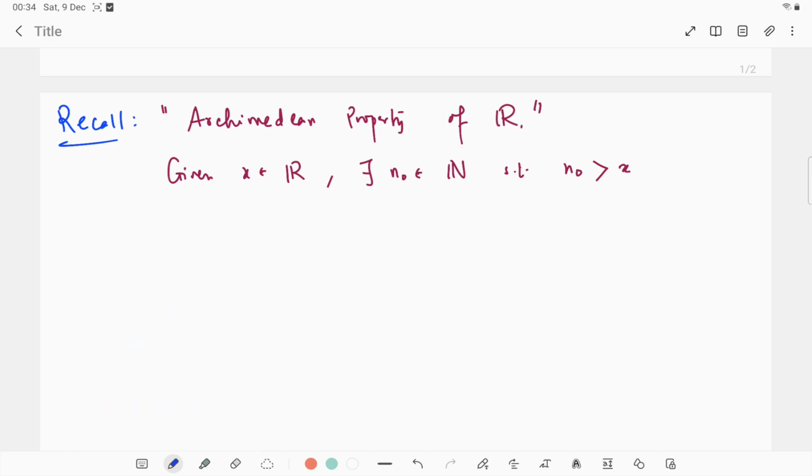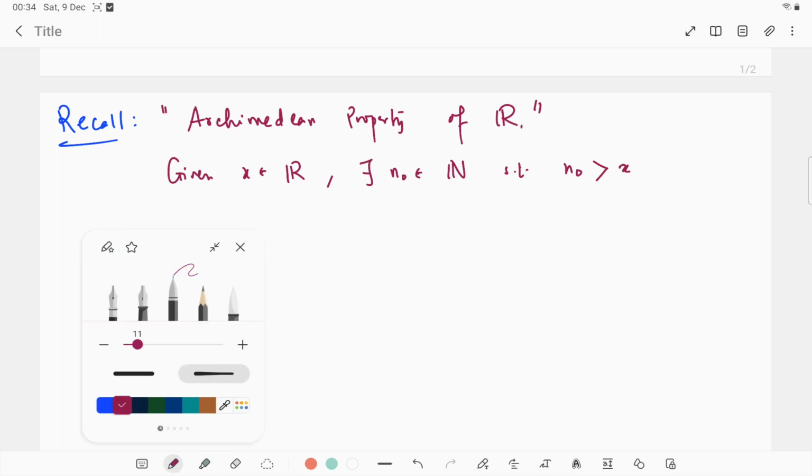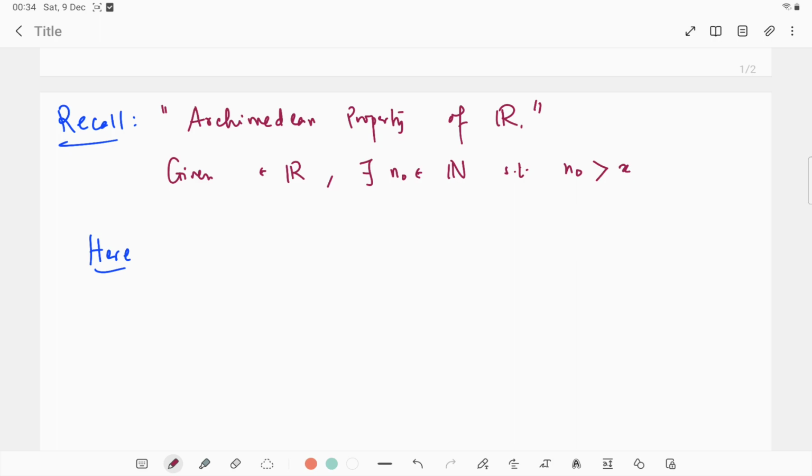Let me call it by some other name: given any y naught inside R, there exists n y naught such that n y naught is greater than y naught, since n y naught obviously depends on y naught, right?